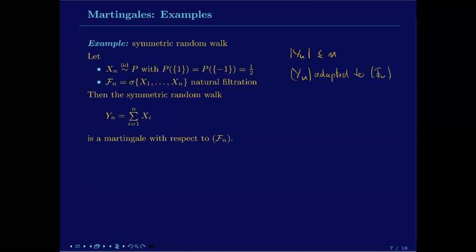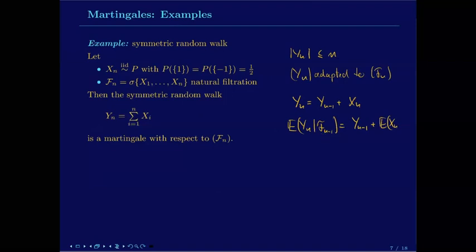And finally, the martingale property. We can see that Y_n actually is also a Markov process, can be written as Y_{n-1} plus X_n, and therefore the conditional expectation of Y_n given F_{n-1} equals Y_{n-1} plus the expectation of X_n, given the information provided by earlier X's.